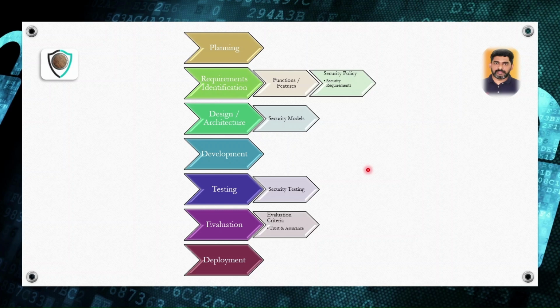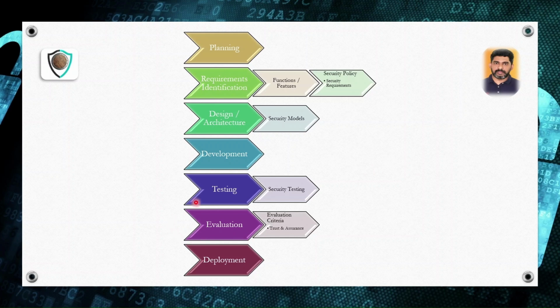Evaluating that is called evaluation of assurance. So trust evaluates whether the required security features are there, and assurance evaluates whether the implemented security features will work in a consistent manner. It is the confidence that the security controls will work in an optimum manner.